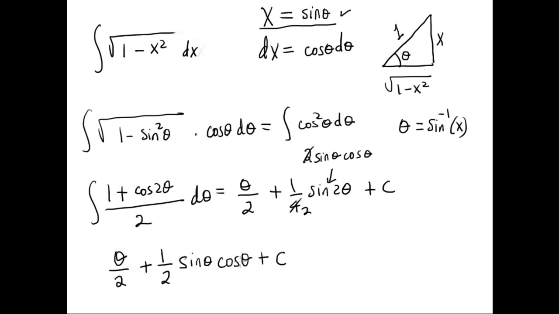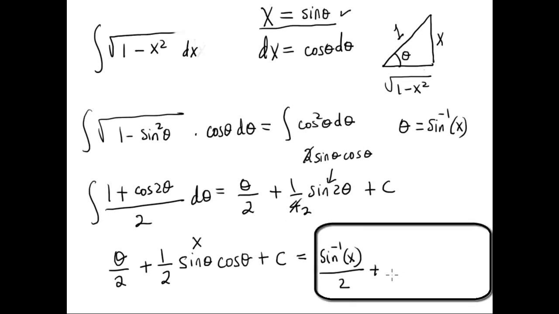And now the product of sine and cosine: sine is x, and cosine is adjacent over hypotenuse. So the final answer is sine inverse of x divided by 2, don't forget this 2, plus x over 2 again, where cosine is the square root of 1 minus x squared, plus a constant.